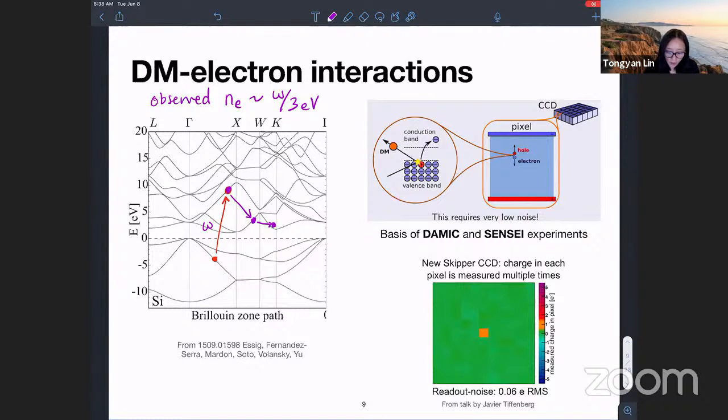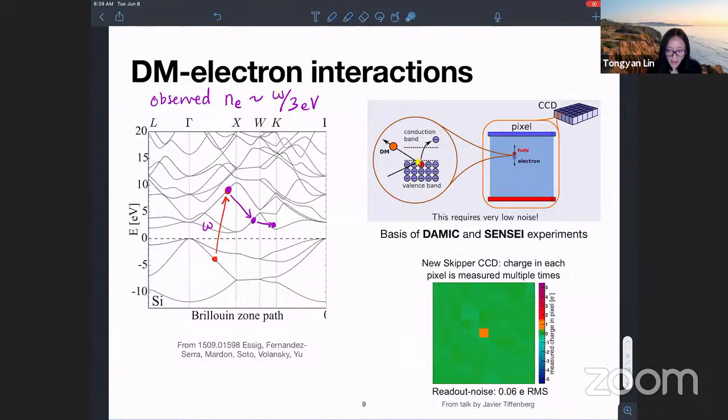And so if we look on the right, how would we observe that? Now we can take this number of final electrons in the cascade, and in the DAMIC and SENSEI experiments, what we have is a silicon CCD, and that's this blue region. When we have one of these observed electrons, you'll have an electron and a hole.